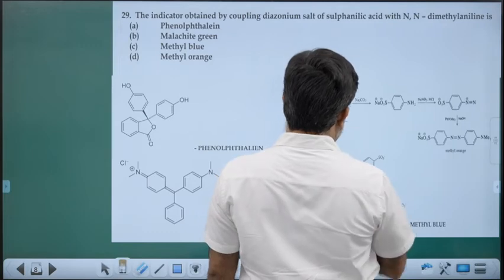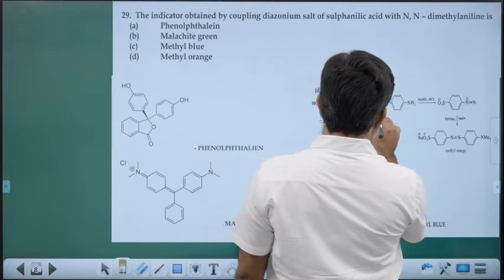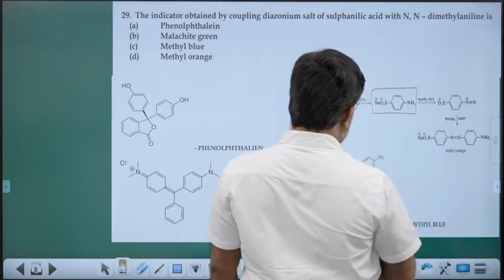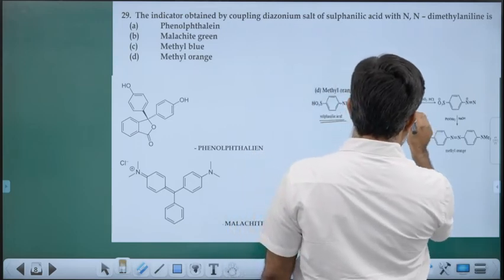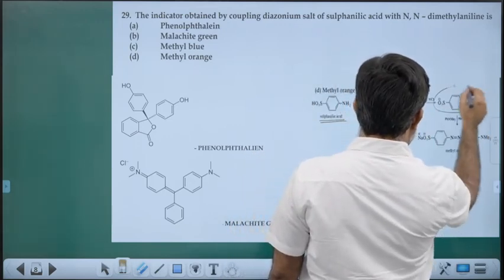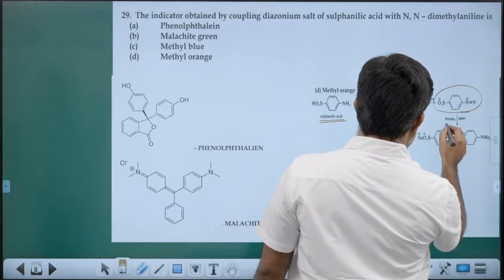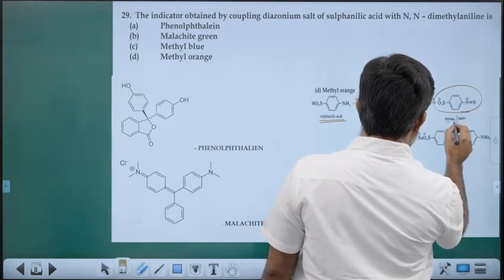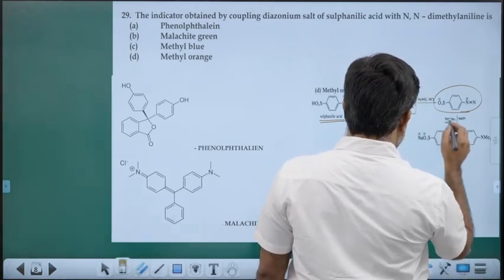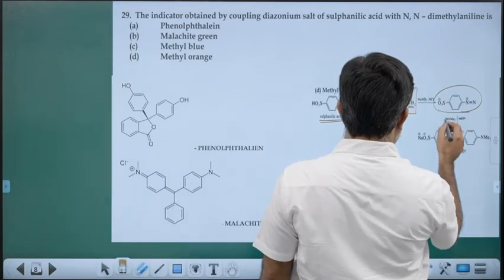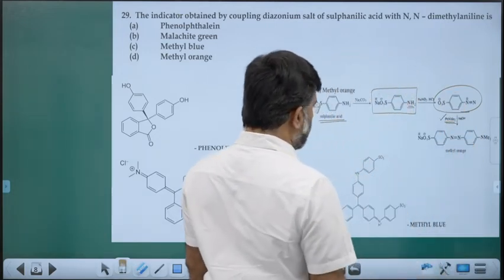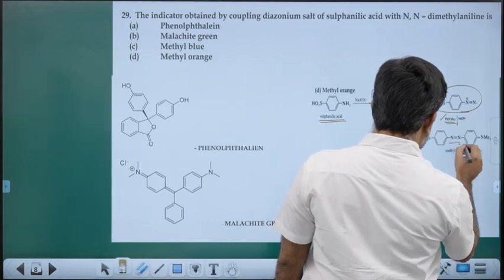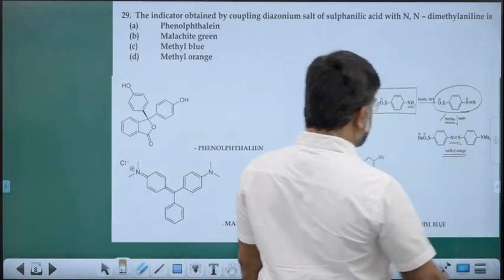Sulfanilic acid with sodium carbonate gives the salt of sulfanilic acid. Upon diazotization, this is converted to diazonium salt. And that is treated with PhNMe2, that means N,N-dimethyl aniline. There is a coupling reaction happening and you get methyl orange.